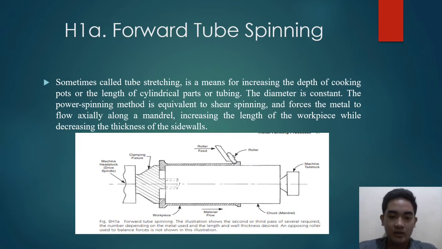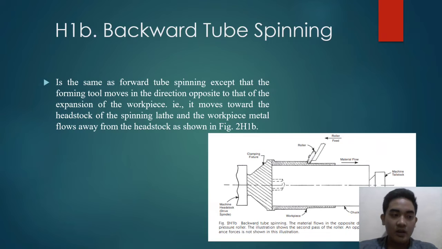Okay, next. Backward tube spinning is the same as forward tube spinning, except that the forming tool moves in the direction opposite to that of the expansion of the workpiece.